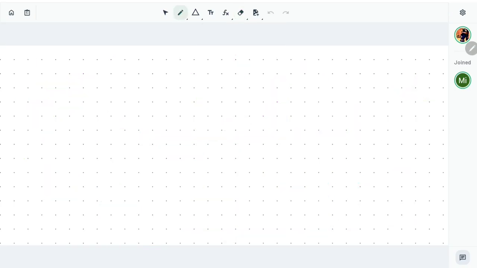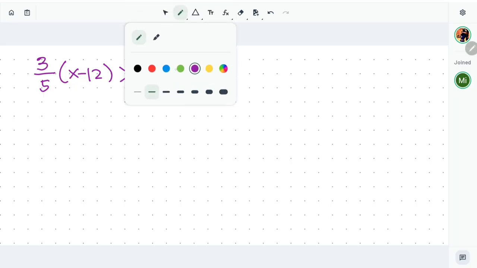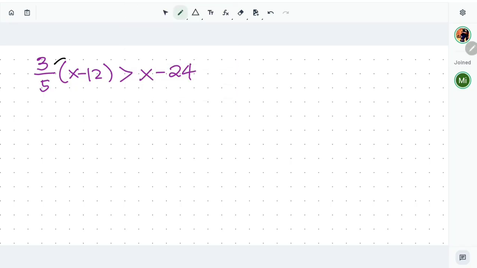Okay, solve each inequality, graph the solution. So we're given this inequality: 3/5 (x minus 12) greater than x minus 24. So how are we going to solve this? We need to get rid of the parentheses first, right? So we distribute 3/5 to x minus 12.